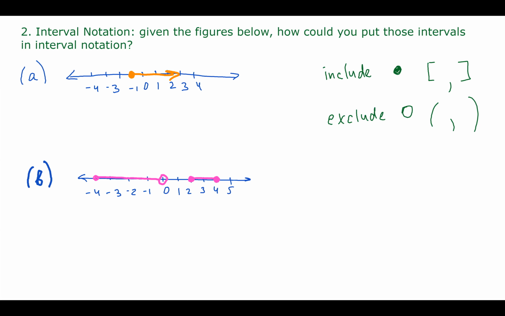If we go to the left, we call it negative infinity. If we go to the right, we call it positive infinity, but the plus sign usually is omitted. Whenever the infinity is used, just use the parentheses because we cannot find that largest number. There's always a number more than that. That's why we cannot include it. We use the parentheses there, okay?